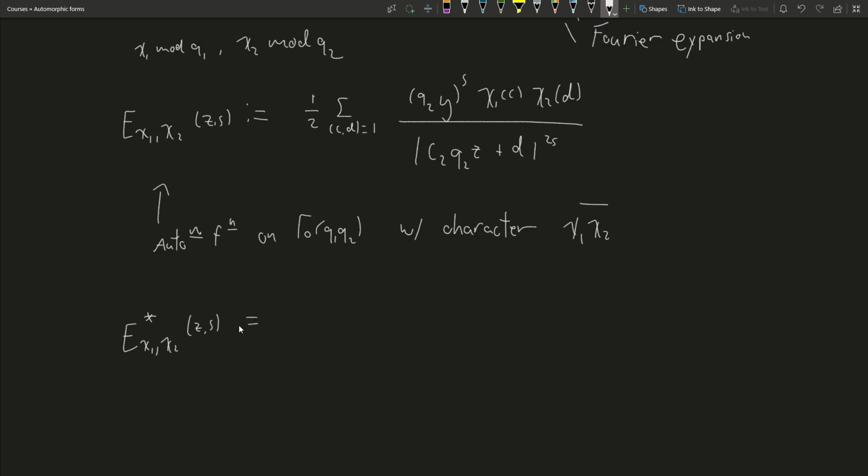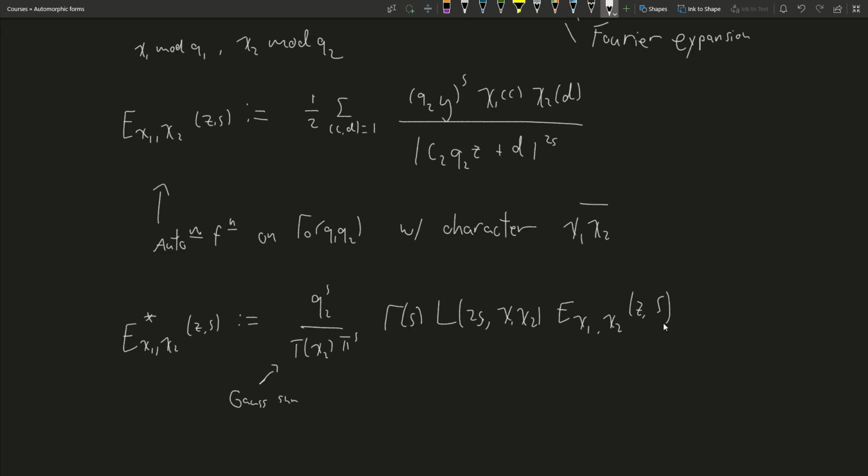And this is defined to be q2 to the s over tau of chi2, where tau is the Gauss sum, times pi to the s, times gamma of s, times L(2s, chi1 chi2), which is the Dirichlet L-function, and then times the Eisenstein series itself.